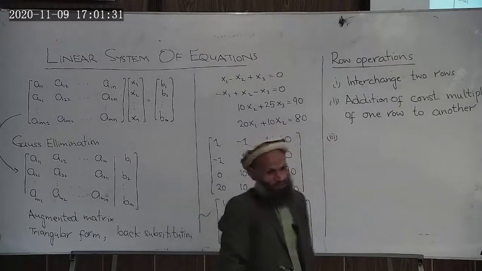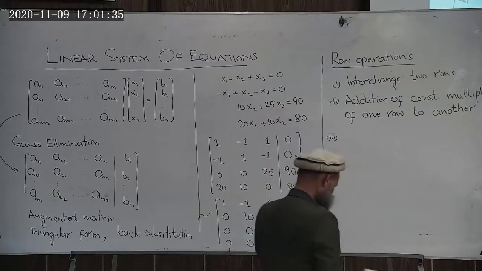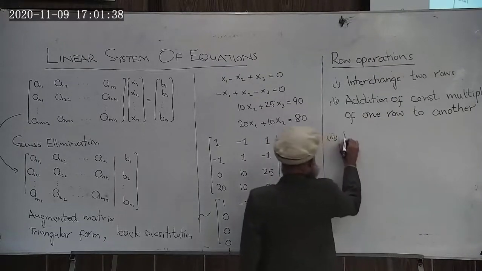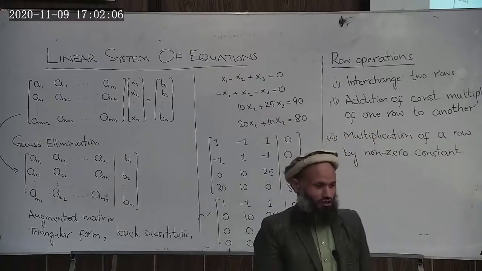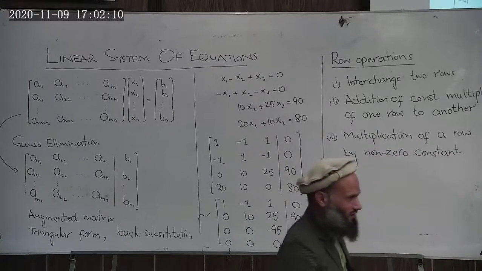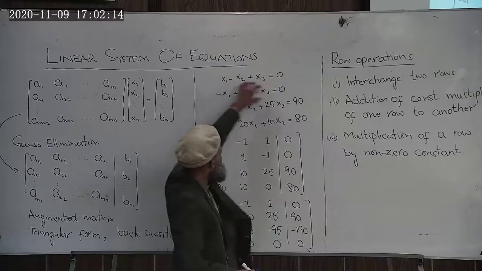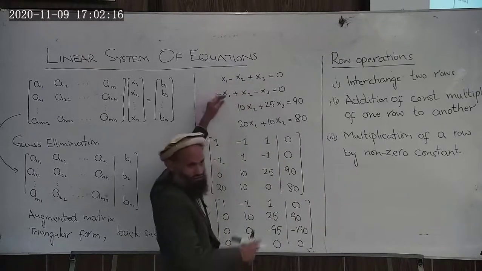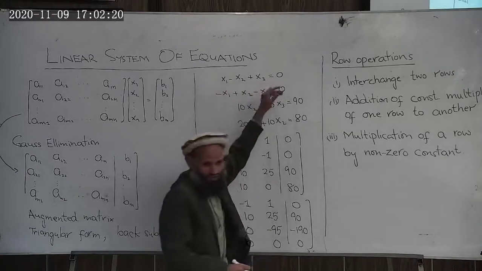If you multiply a row with a non-zero constant, that also does not change the solution. This constant must be non-zero, otherwise you will lose the information that is contained in that equation. For example, if I multiply this equation with 0, then whatever information is contained in this equation will be lost.